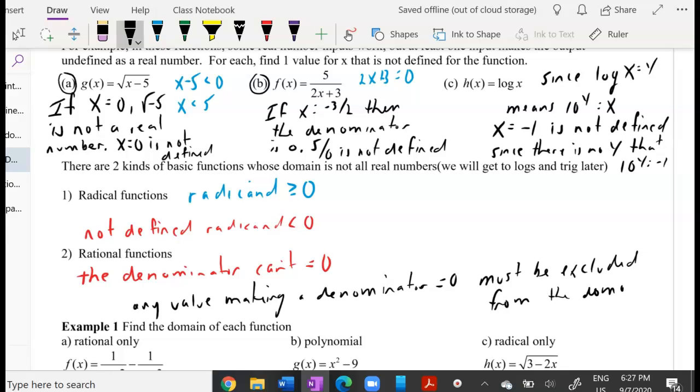It's just not in the domain. So when we're looking for the domain, we have to mention that those numbers, usually there's just 1 or 2, are excluded from the domain.